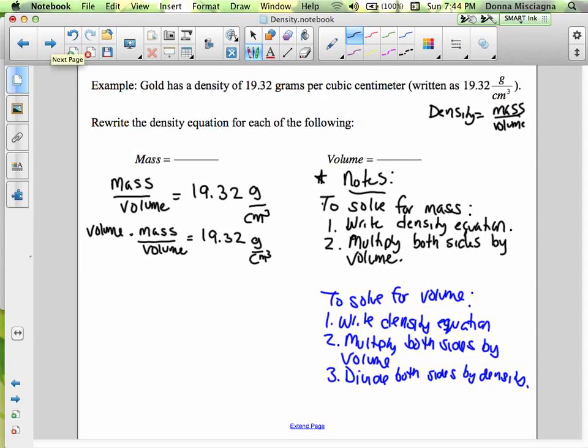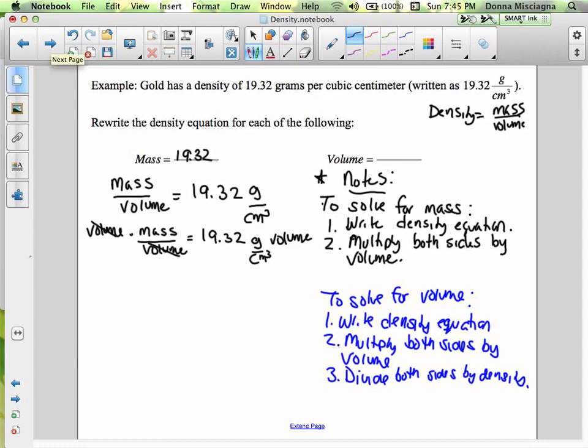Centimeters cubed is a unit of measure for volume. It's not a unit of measure for mass. So if we multiply both sides by volume, that cancels out. So mass is going to be, for our gold example here, 19.32.